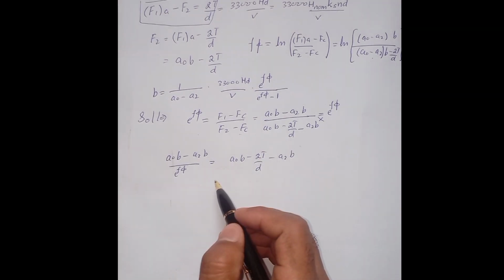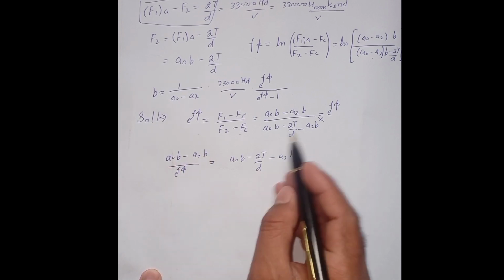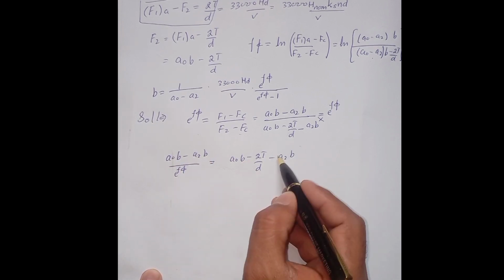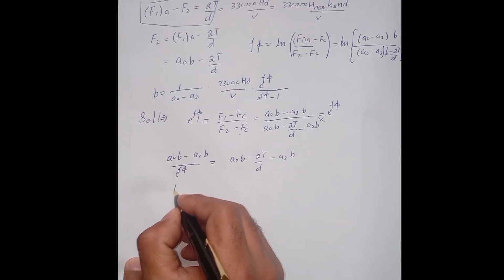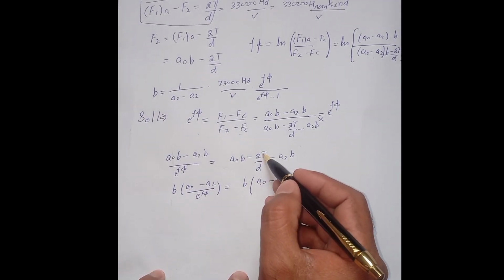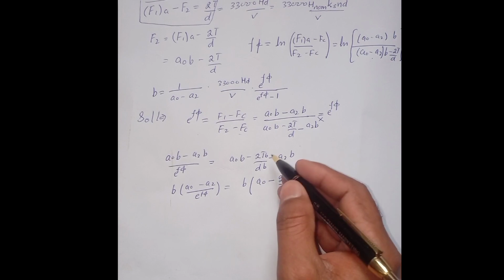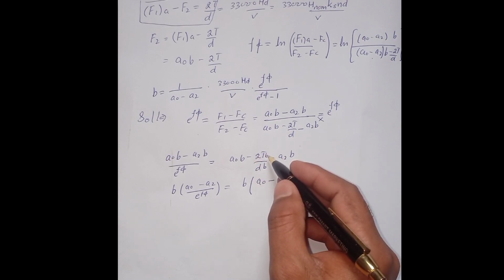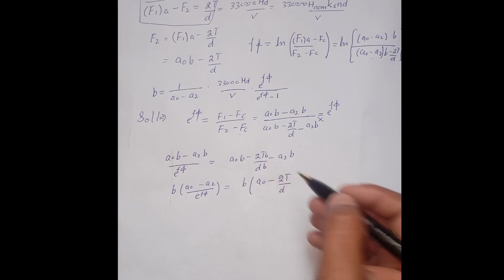Now if you see over here, b is common, so you can take b common. Similarly, you can take b common from this side as well. So taking b common from both, as you see there is no b in this term, so you can write b with this term in the numerator and denominator, and it can be cancelled out again.